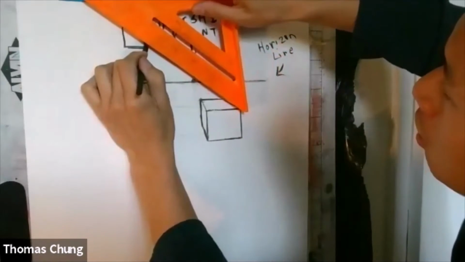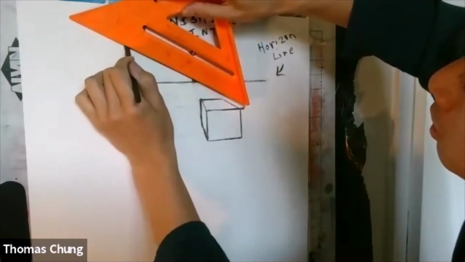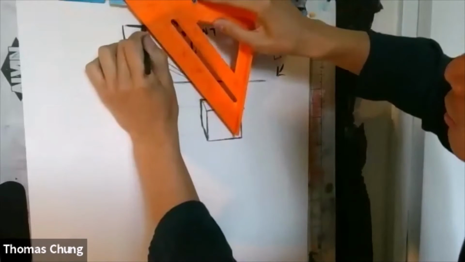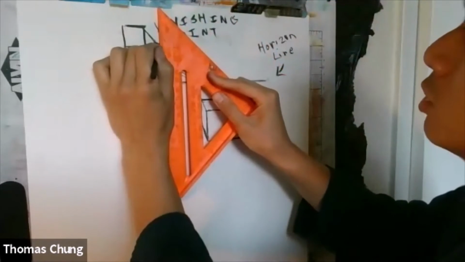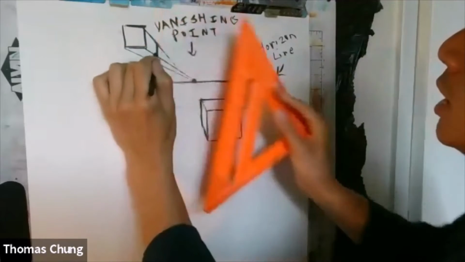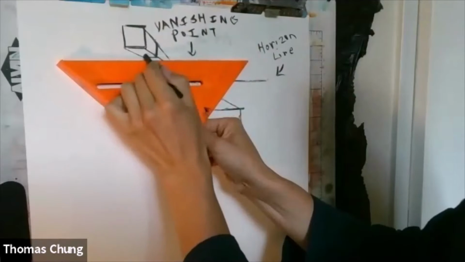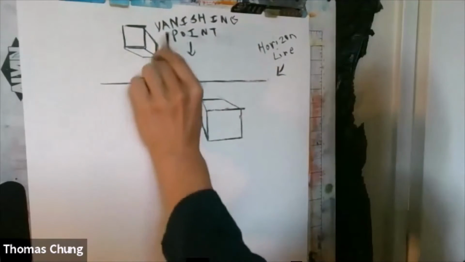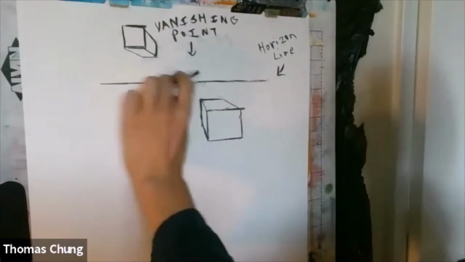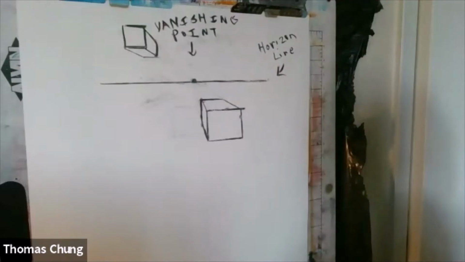So now I'm going to take all those visible corners and bring them to my vanishing point. I'm going to do a perfectly vertical line to decide where my box ends. And then at that joint, I'm going to create a perfectly horizontal line. And then I'm going to erase out what's not the box. And there's my 1-point perspective box above the horizon line.